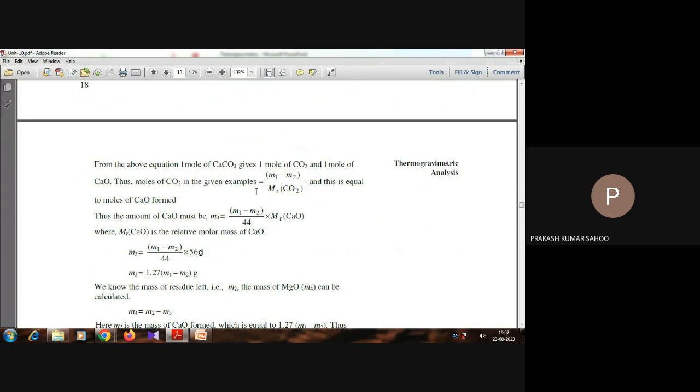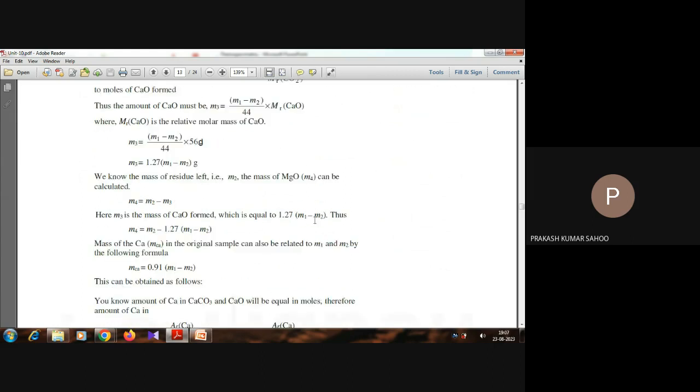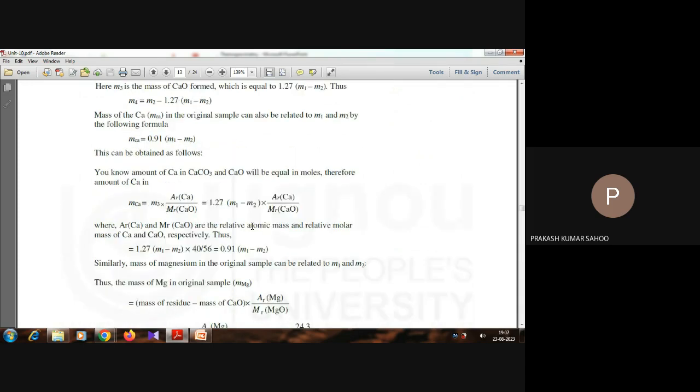So (M1 minus M2) by 44 moles of calcium carbonate contains (M1 minus M2) by 44 moles of carbon dioxide, which is equal to moles of calcium oxide. So by stoichiometry we have finally M3 equal to 1.27 (M1 minus M2) gram. M4 is just like this. Just go through these mathematical derivations.